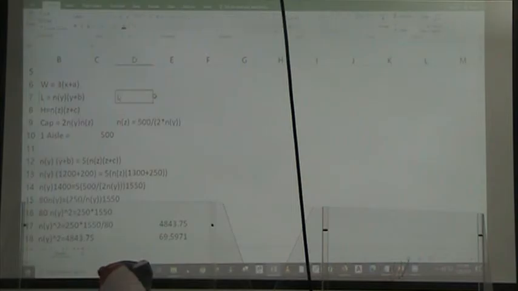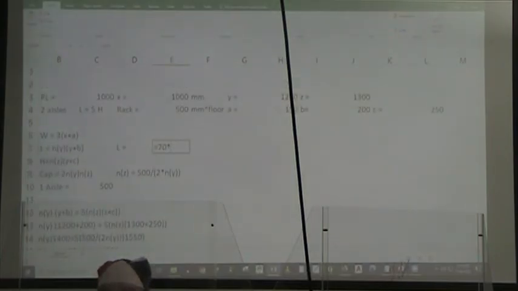So our length is equal to ny, which we know is 70, times our y plus b, and that is, of course, in millimeters.